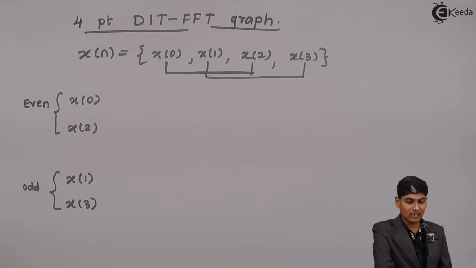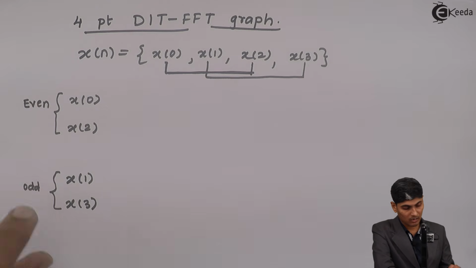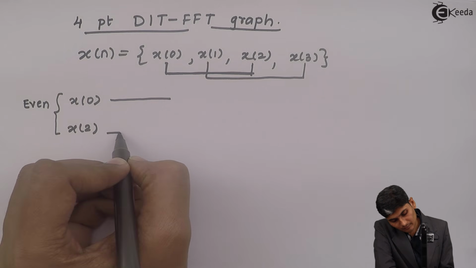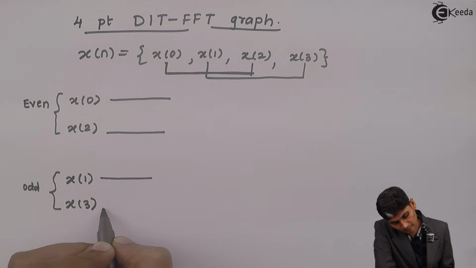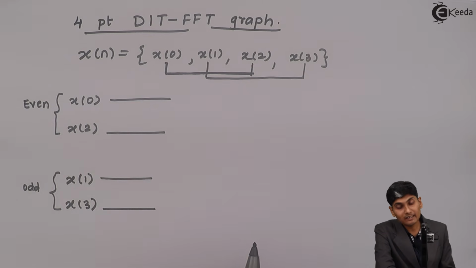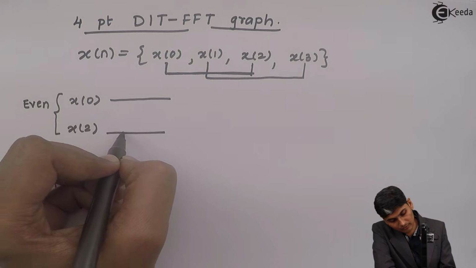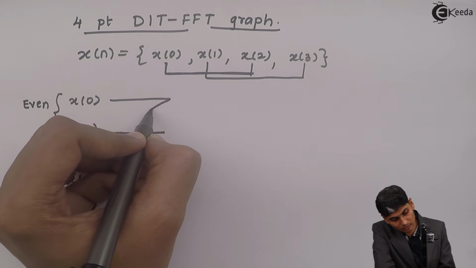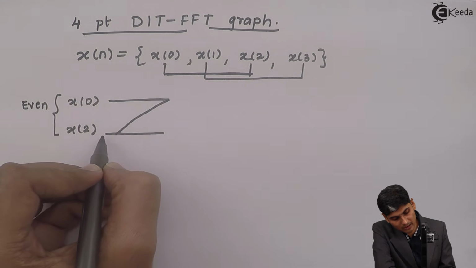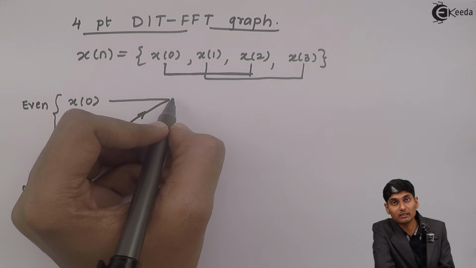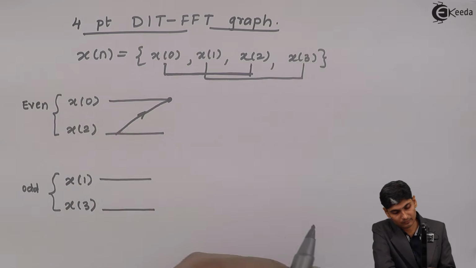Previously I was having 4 points. Now I have 2 points even, 2 points odd. Now take these 2 points and add them together. How to add them? Bring x of 2 to x of 0, and I add them at this node.